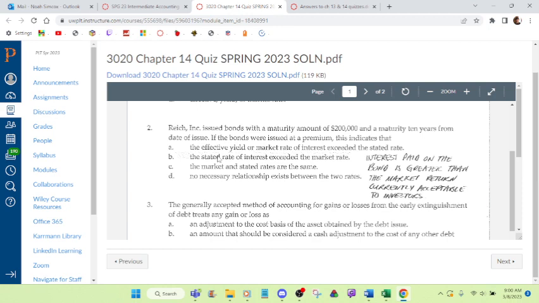That was funny. Basically think about how the bond price has an inverse relationship with the market interest rate. So if the bond price goes up, the market interest rate goes down. So if the market interest rate goes down, the stated rate of interest exceeds the market rate. So that's how I was able to get that one correct.